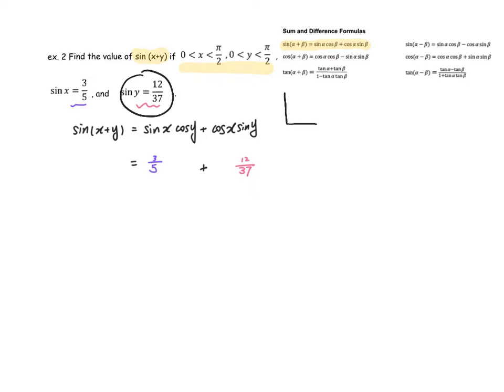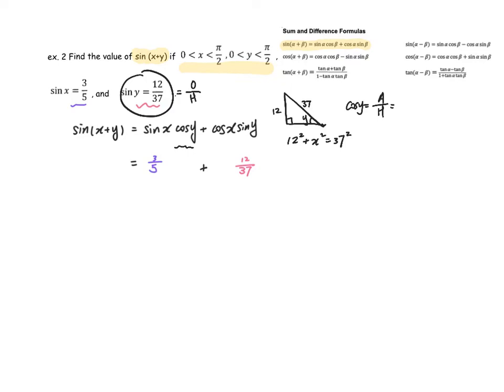To do that, we can draw a right triangle here and make the lower angle as y. Because sine y is 12 over 37, we have opposite and hypotenuse, 12 and 37. Okay, so we need to find cosine y, which is adjacent over hypotenuse. We can find the adjacent side by using the Pythagorean theorem in this right triangle. 12 squared plus x squared equal to 37 squared.